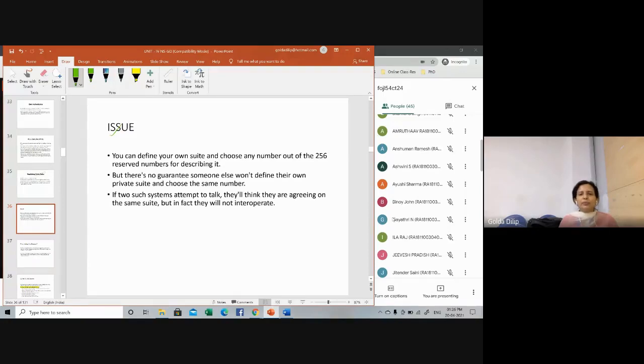You can choose any number out of the 256 reserved numbers, but there's no guarantee that someone else won't define their own private suite and choose the same number. If two systems having private suites with the same number agree on the same suite and attempt to talk, they will not be interoperating.